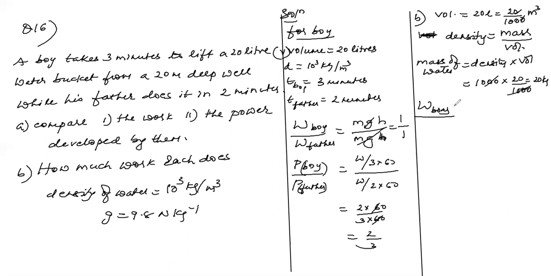Got it? So now you can see, children, work done by the boy equals work done by the father, equals mgh. M is how much, children? 20. G is how much? 10. Oh, 9.8, they're giving it as 9.8.